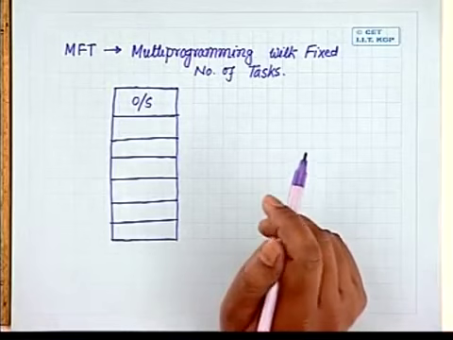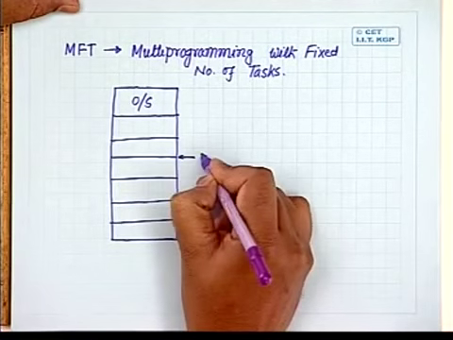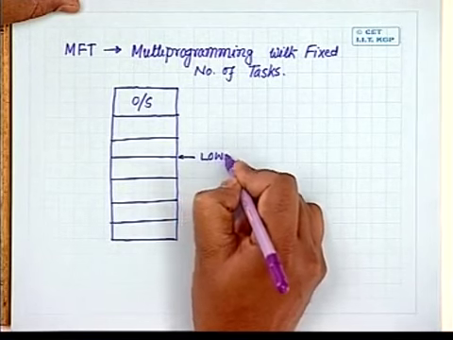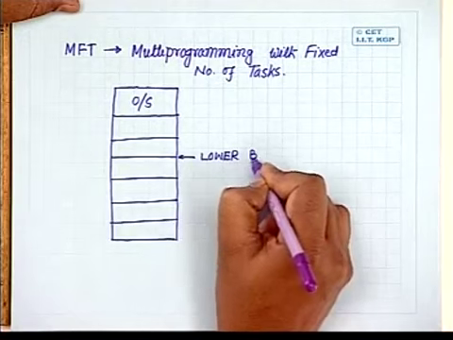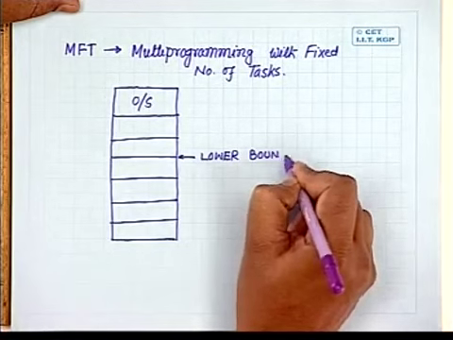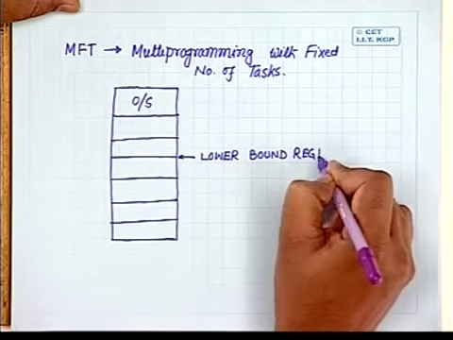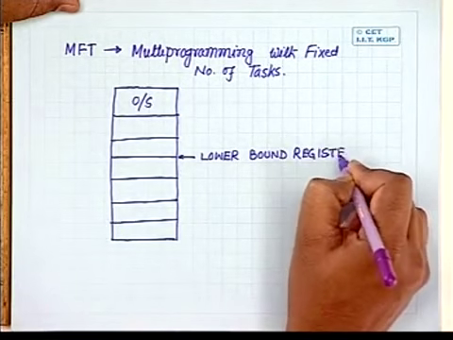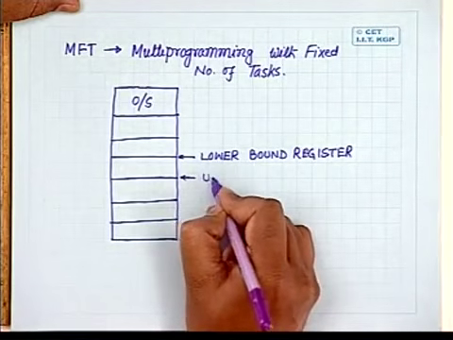Earlier I had only one. So one of the bound registers I'll call the lower bound register, and the other one I'll call the upper bound register.